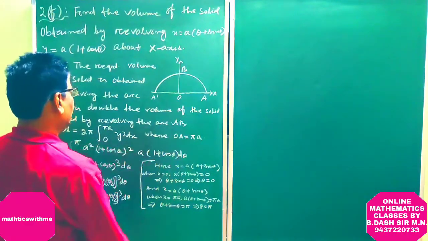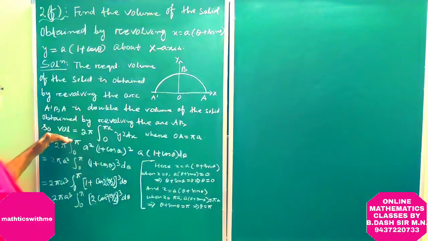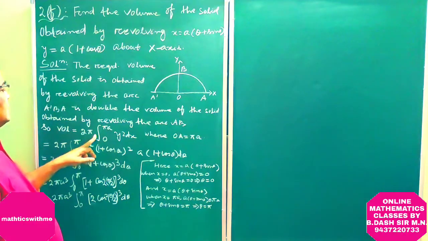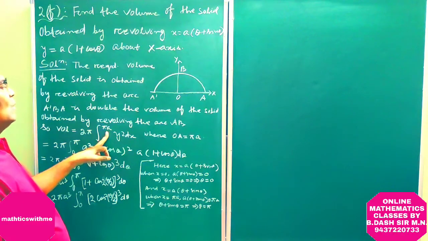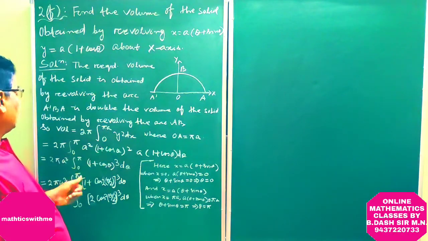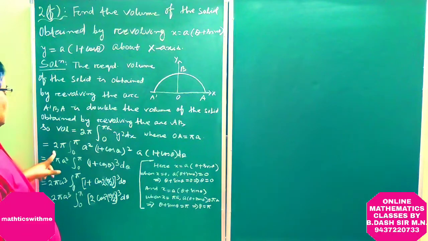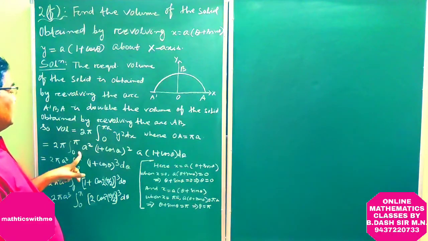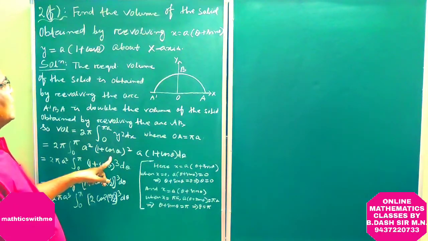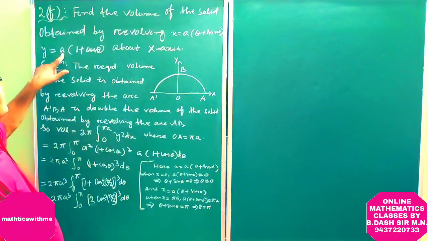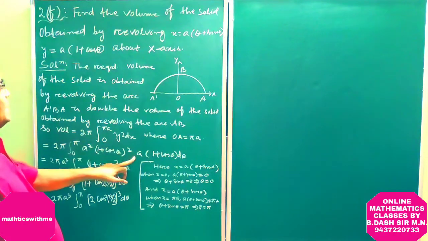So the volume is equal to 2π ∫ from 0 to πa of y² dx, where OA is equal to πa. This equals 2π ∫ from 0 to π of a²(1 + cos θ)², because y is equal to a(1 + cos θ).